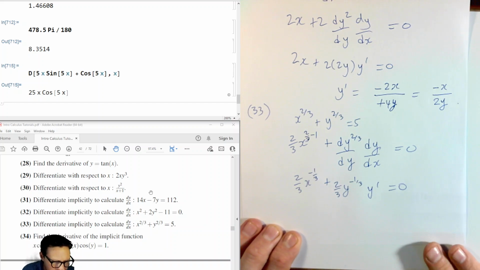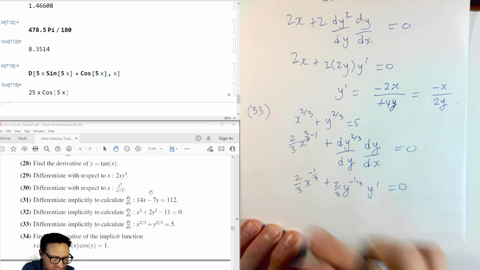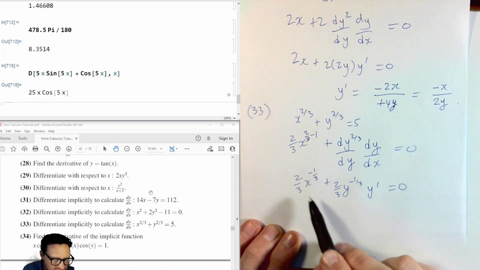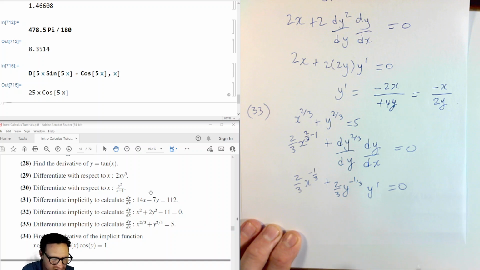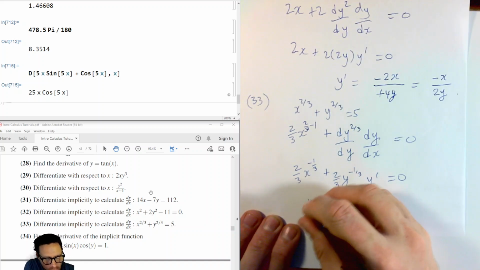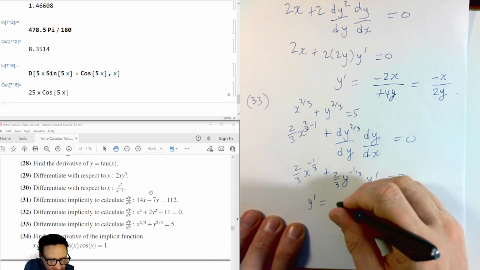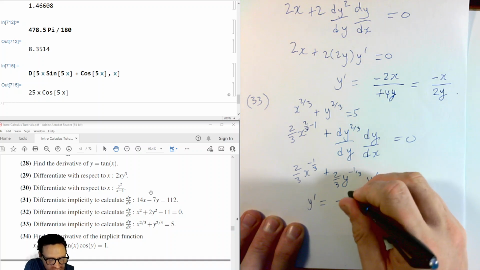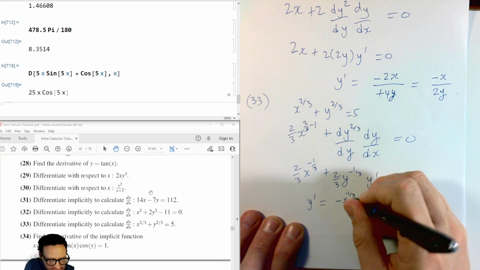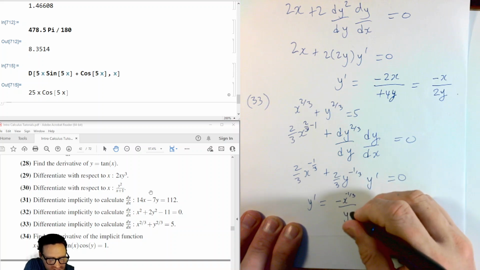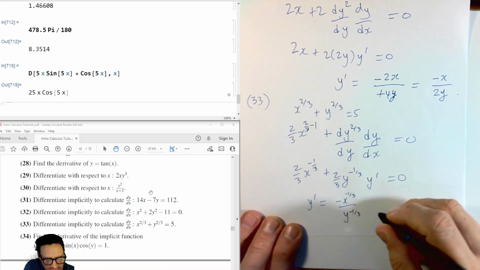We'll multiply both sides by 3 over 2 to cancel the 2/3. Take the x to the minus 1/3 over to the right hand side, and we'll get y' equals minus x to the minus 1/3 over y to the minus 1/3.